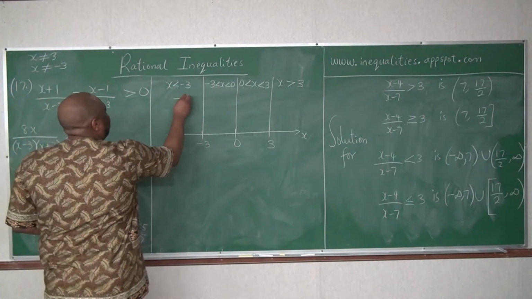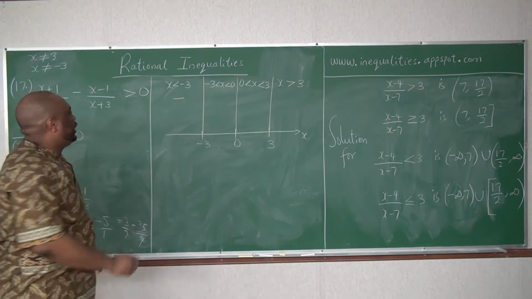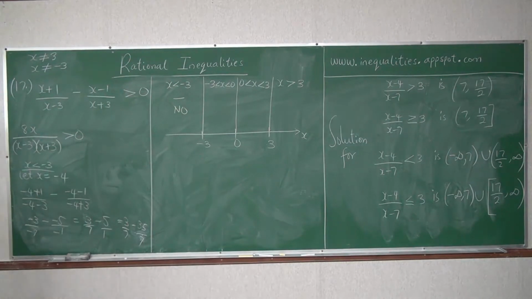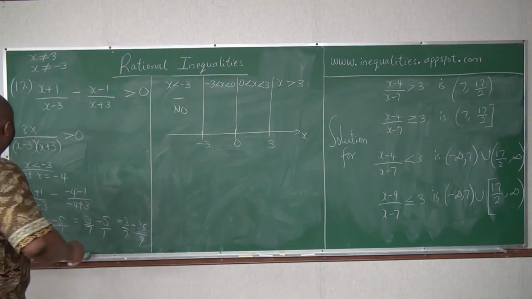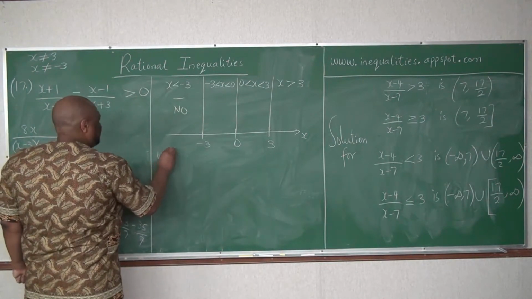So this is negative. And is a negative number greater than 0? No. I'm going to put no. See that? Comprehend? Alright.